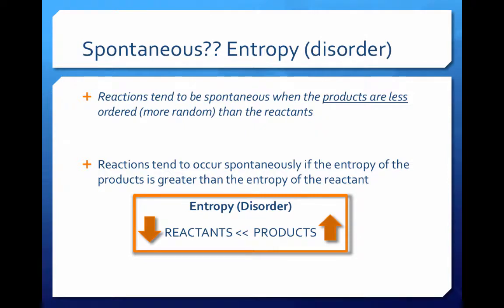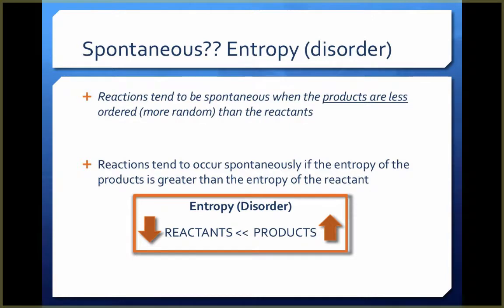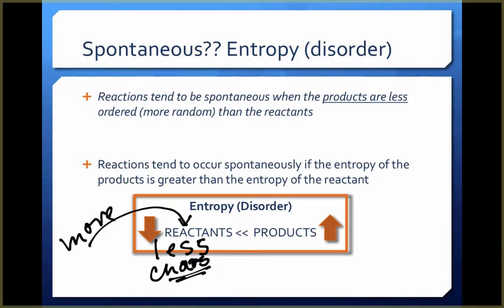So when we talk about entropy happening, essentially here we are talking about the entropy. Reactants are less ordered. Or reactants, there's less chaos here, right? So essentially, these are more ordered.